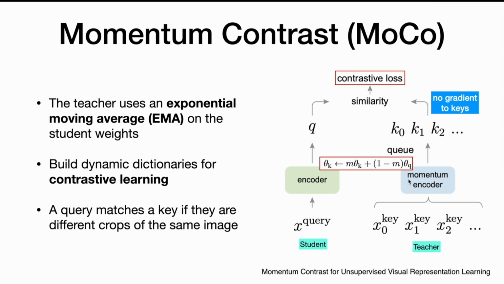And then similarly, the teacher's network, the key branch network, is updated using an exponential moving average. So normally in this scheme, the network needs to keep a very large set of keys.